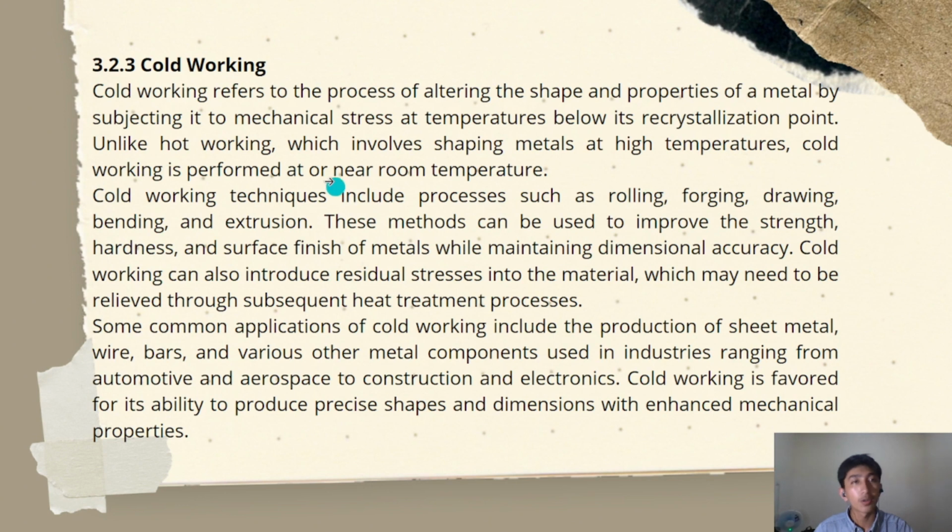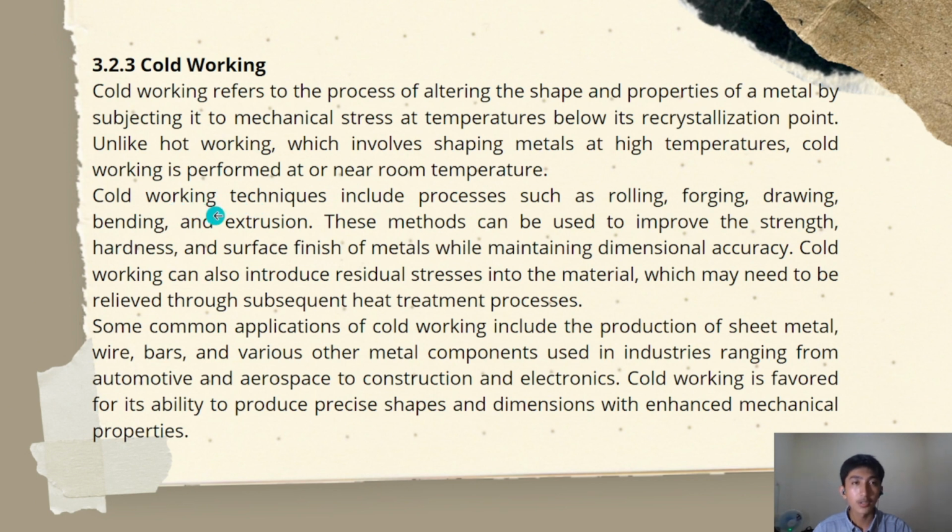Cold working. Cold working refers to the process of altering the shapes and properties of a metal by subjecting it to mechanical stress at a temperature below its recrystallization point. Unlike hot working, which involves shaping metals at high temperatures, cold working is performed at near room temperature.